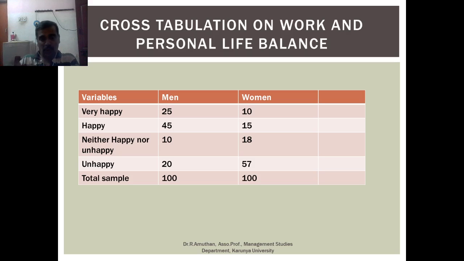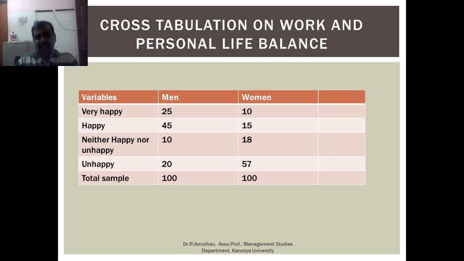Their kids are in search of their mother, right? But certainly these kids are not in search of their father. That's what the study says. So the 57 women remain unhappy. They're not able to maintain their work and personal life balance in a proper way.